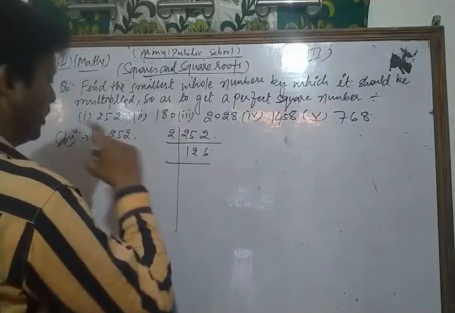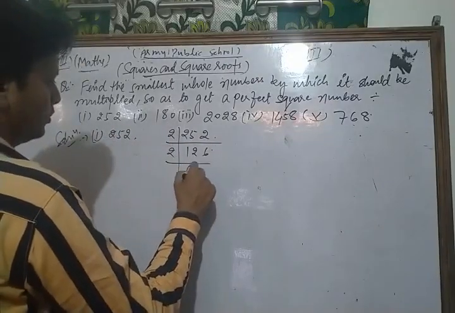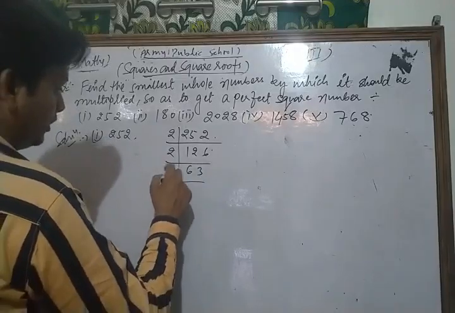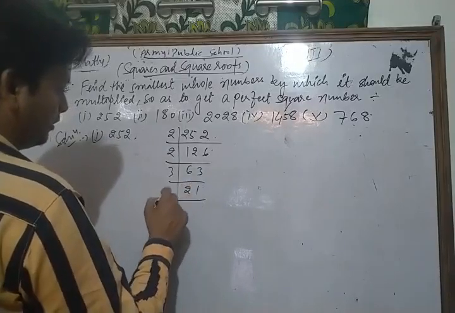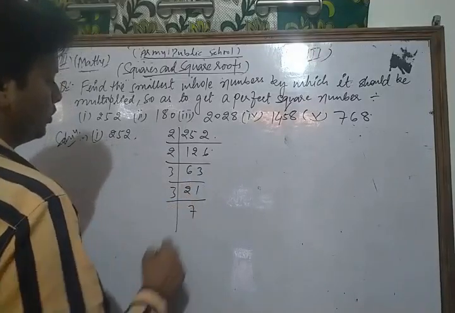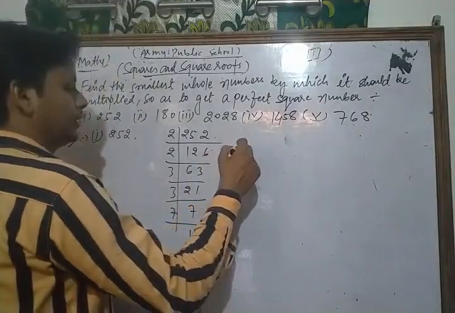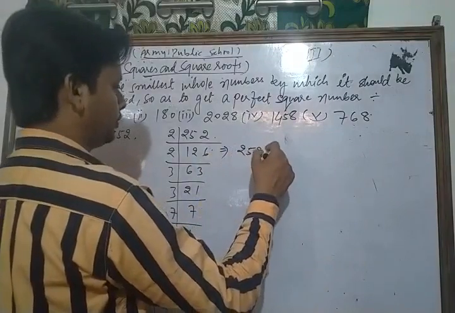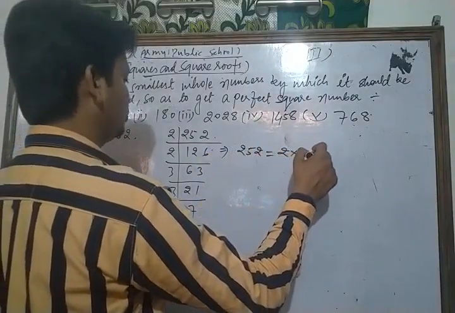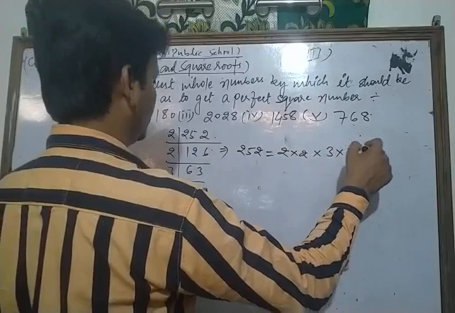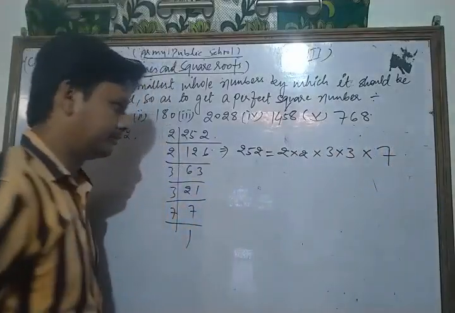Now 2 threes are 6. Now 3 ones are 3, 3 sevens are 21. Now 7 ones are 7. In this way we get 252 equal to 2 into 2 into 3 into 3 into 7.